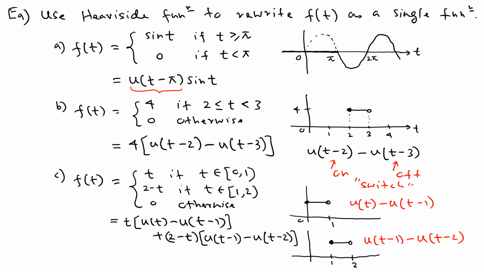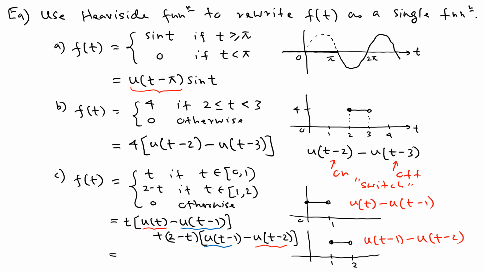Now we can distribute, multiply, and then collect the terms. For example, you can have u(t) terms separately, u(t minus 1) terms separately, u(t minus 2) terms, and you can combine the u(t minus 1) terms. Once you collect those terms, you simply end up with this function.